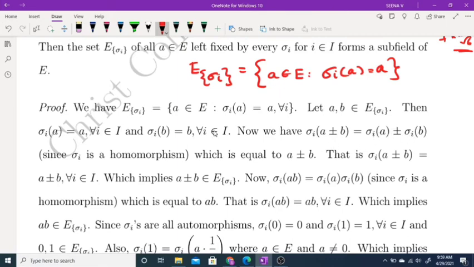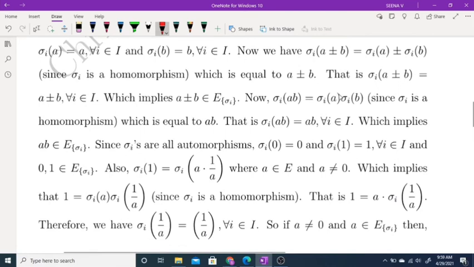Since σ_i(a) is a and σ_i(b) is b, this is equal to a + b. Therefore σ_i(a + b) = a + b, so clearly a + b belongs to E_{σ_i}. Similarly, a − b belongs to E_{σ_i}. And σ_i(ab) = σ_i(a)σ_i(b), since σ_i is a homomorphism, which equals ab. Therefore σ_i(ab) = ab, which implies ab belongs to E_{σ_i}.